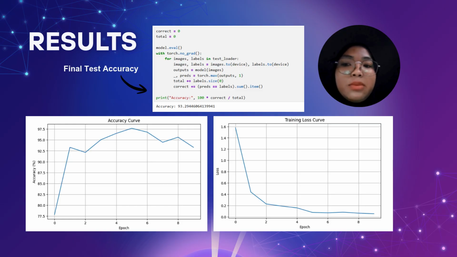At the same time, the training loss decreased from approximately 1.58 to around 0.09. The decreasing loss shows that the model is making fewer prediction errors as training progresses. Overall, the trend of increasing accuracy and decreasing loss indicates that the model has successfully converged and learned the dataset effectively.